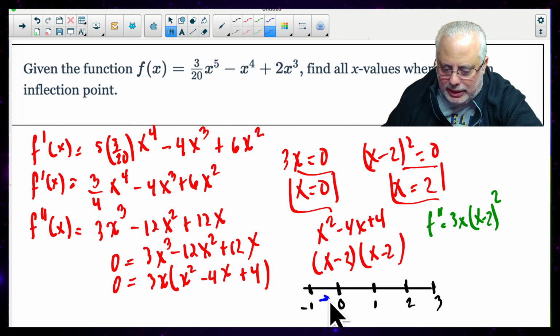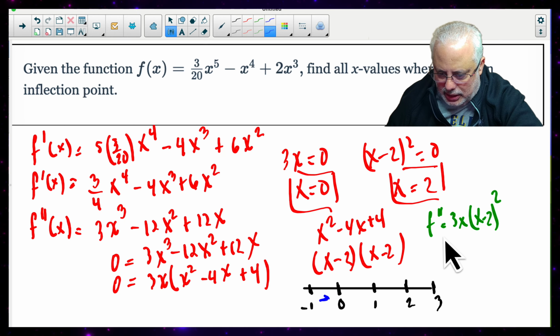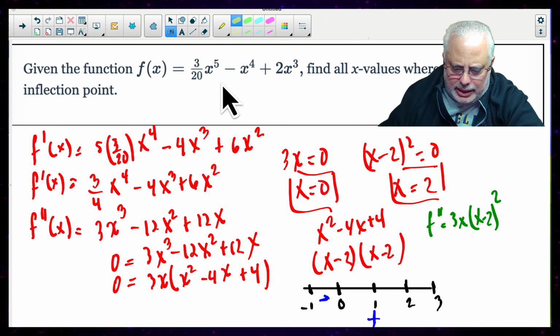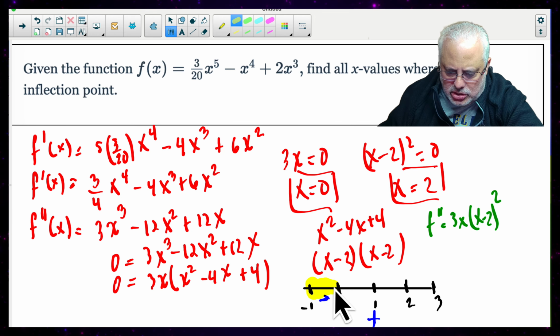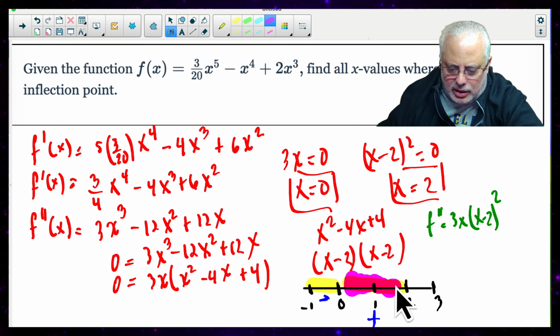Now I'm going to evaluate 1. 1 minus 2 is negative 1, to the second power is positive, and 3 times 1 is 3, so we have a positive times a positive, so this side will be positive. All of this side here will be positive.